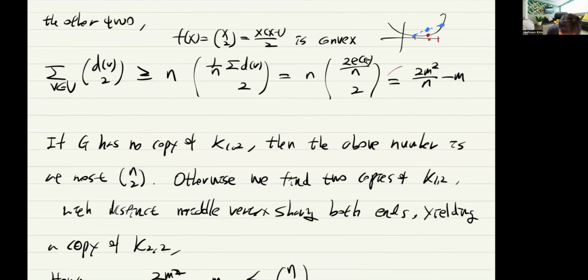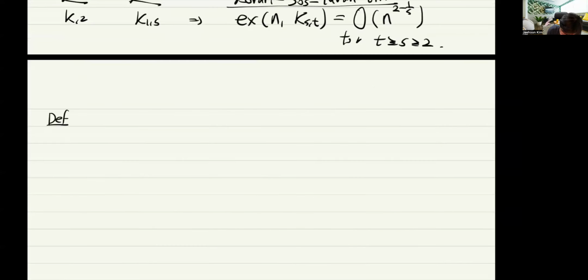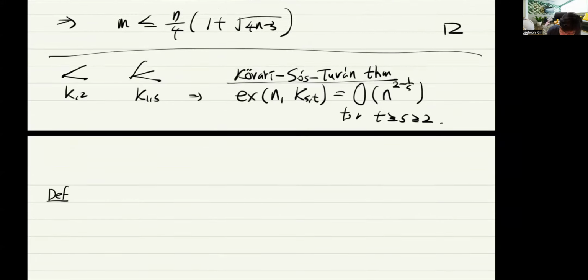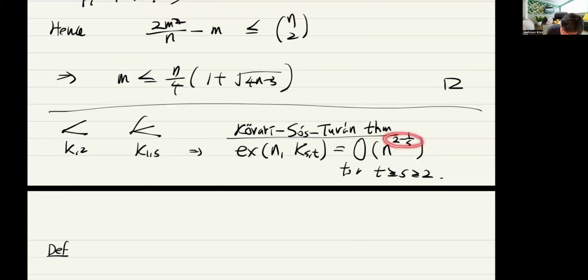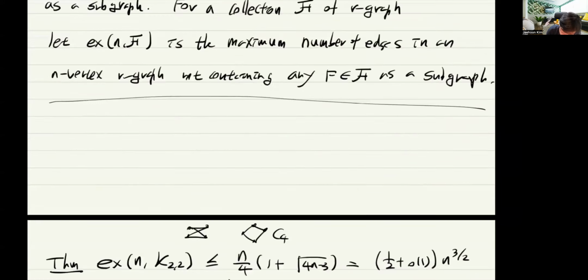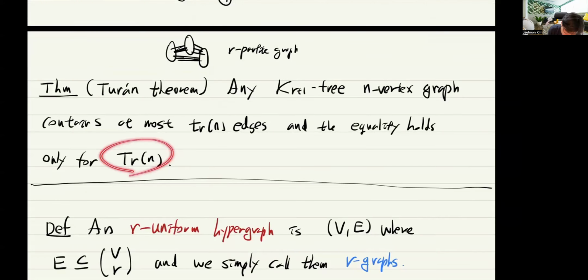Here, when we were discussing the extremal number, we were more focused on its exponent. So what is the right exponent? And we were not really giving much attention to the implicit constant that we get here. On the other hand, in Turan's theorem, we have a more precise result.